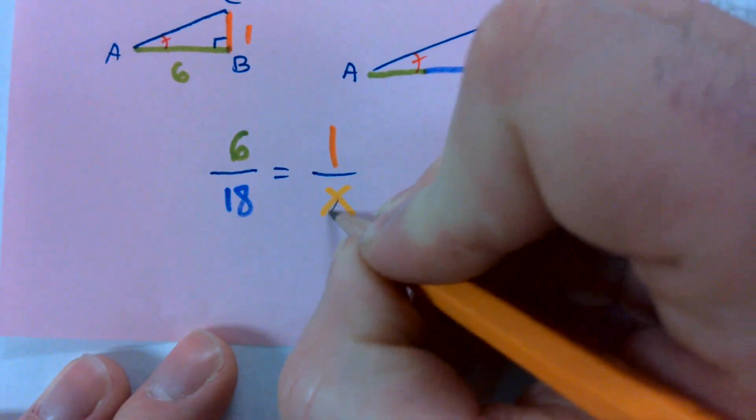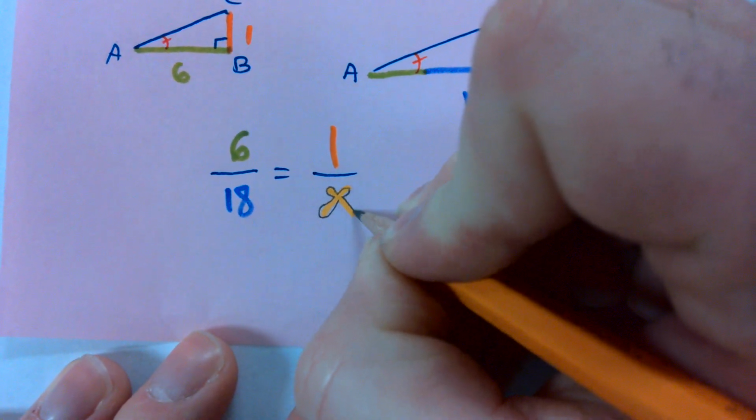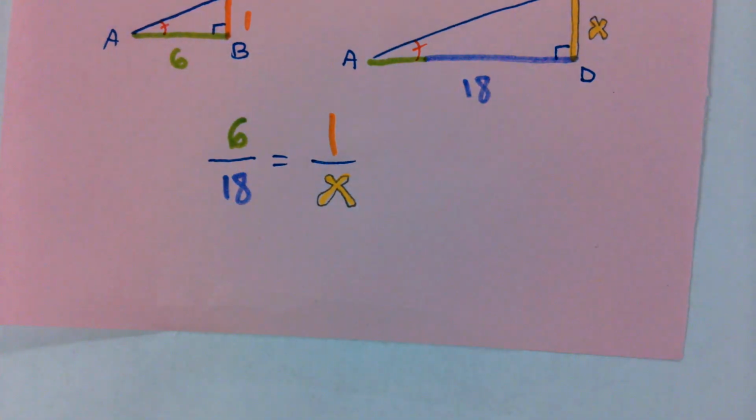And 18 and x come from the same triangle, so they've got to be directly in line with each other in the denominator. Am I doing this right? Yeah. So we cross multiply.